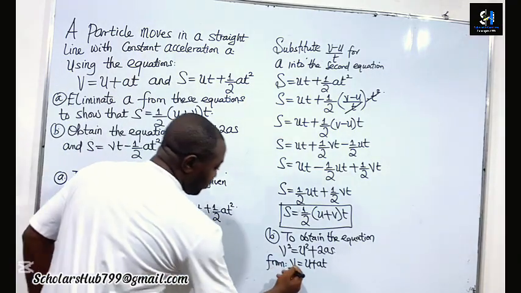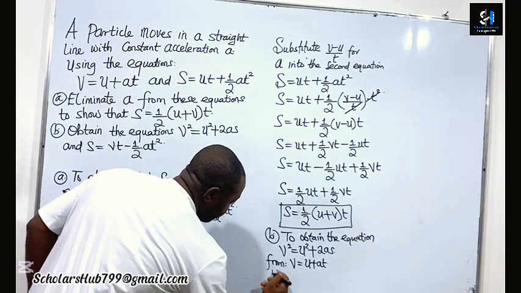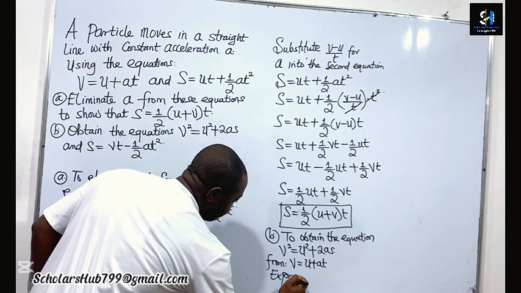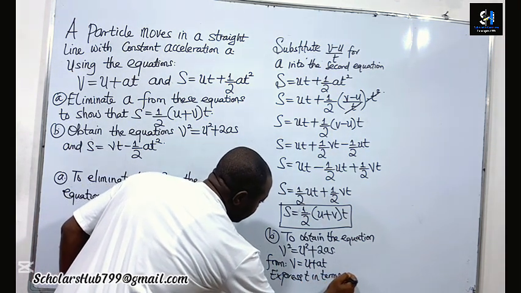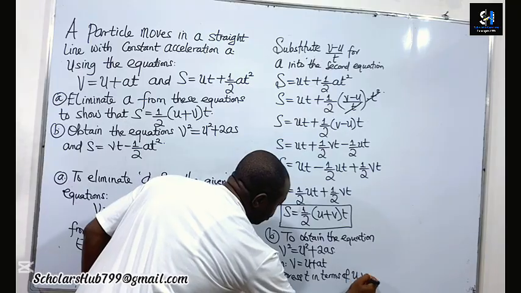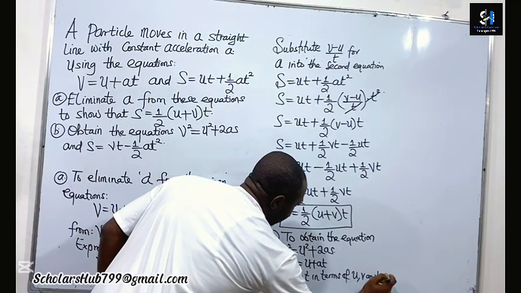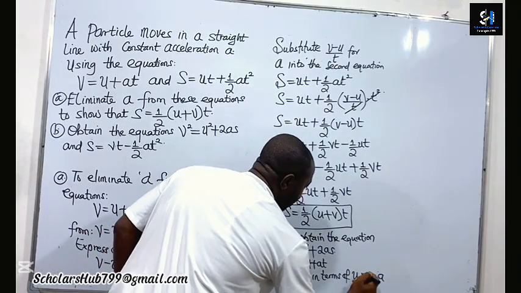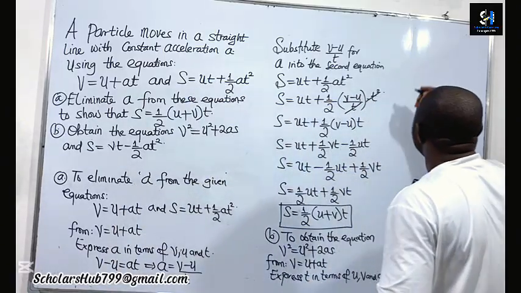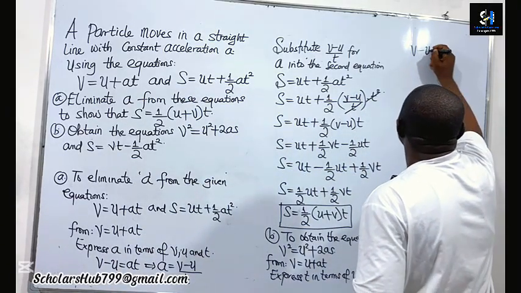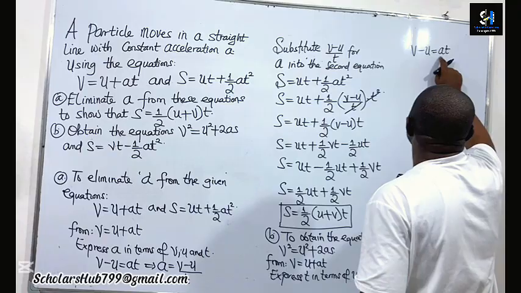All right, so from here, I'm going to express t in terms of u, v, and a. So that means that we're going to have v minus u equals at.